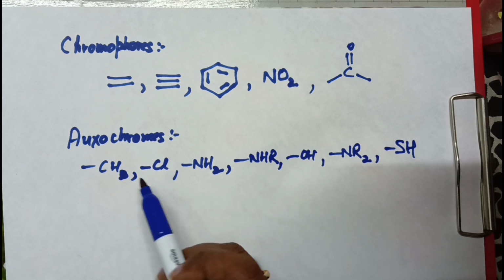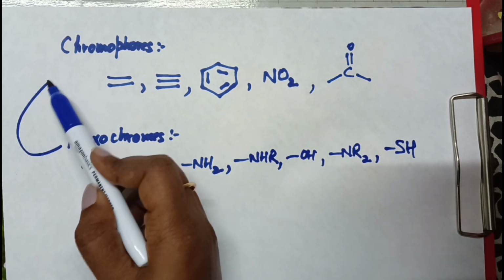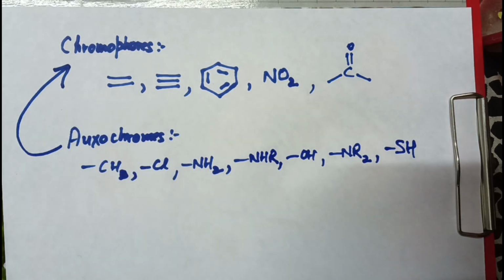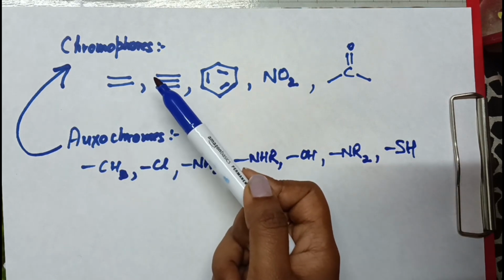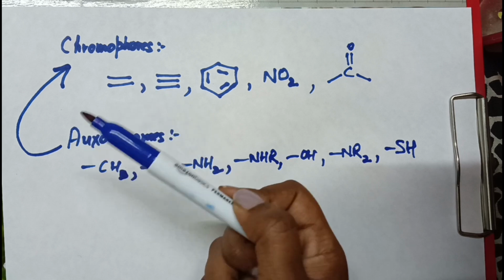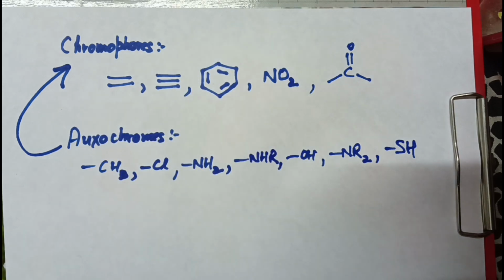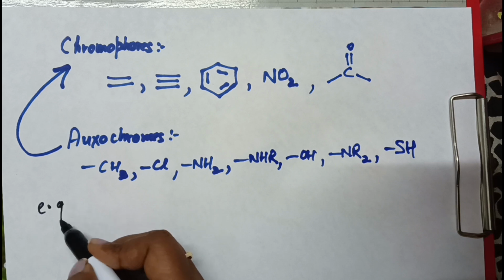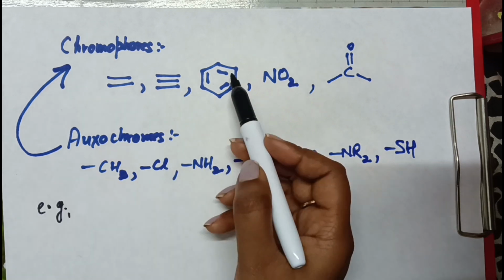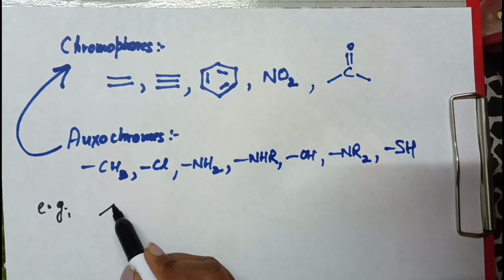Now when these auxochromes attach with any of the chromophores, they extend the conjugation. For example, if we have some sort of a chromophore, suppose I take this benzene.